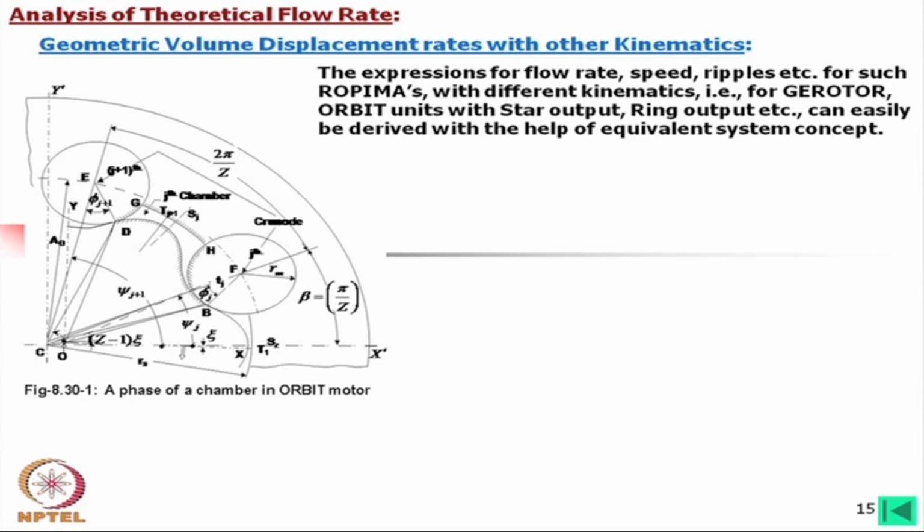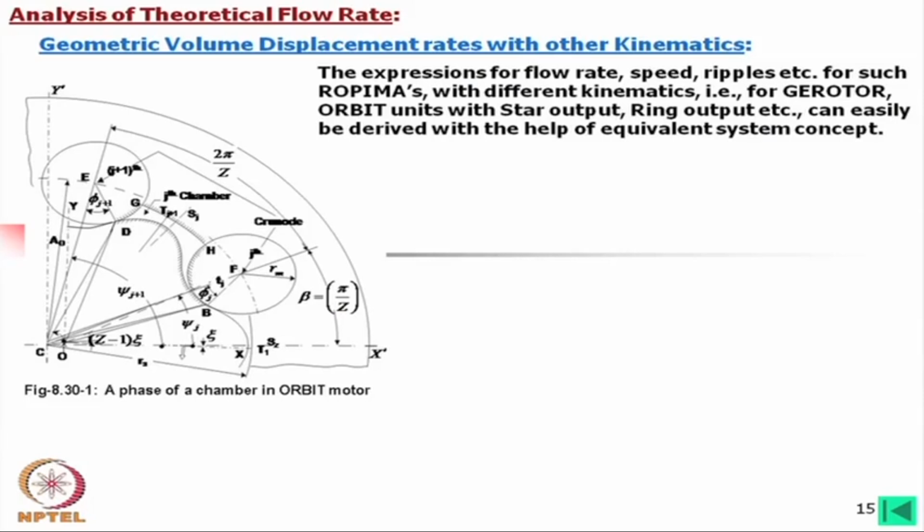The star has two rotations. One is the revolving action around the central axis, that is the axis of the outer ring, and it also has rotation about its own axis, which is the output in the case of the orbit motor.